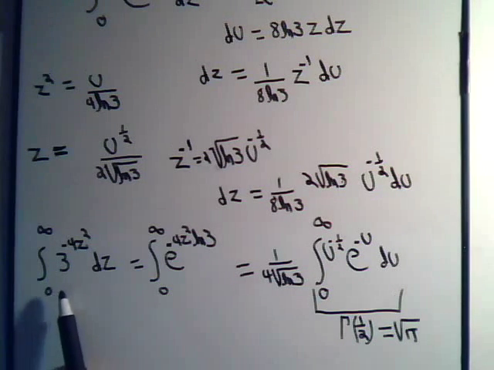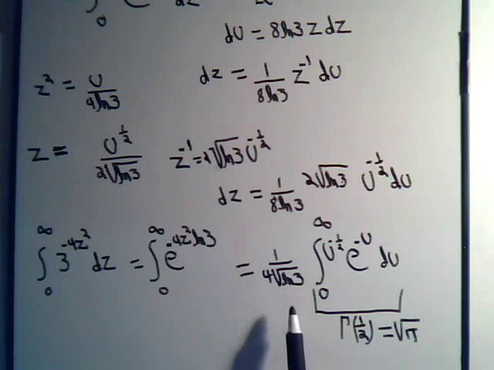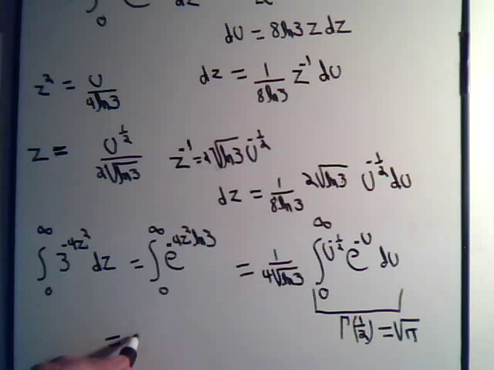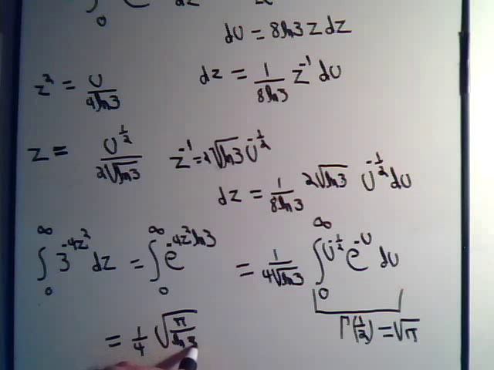So this integral here will equal this times the square root of pi, so it looks like it's going to be 1 over 4 times the square root of pi divided by the natural log of 3. And that's the solution to that integral there.